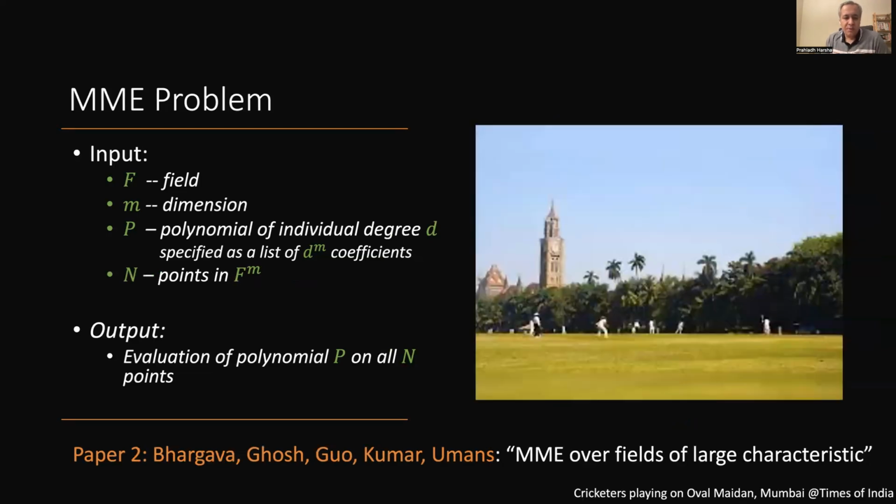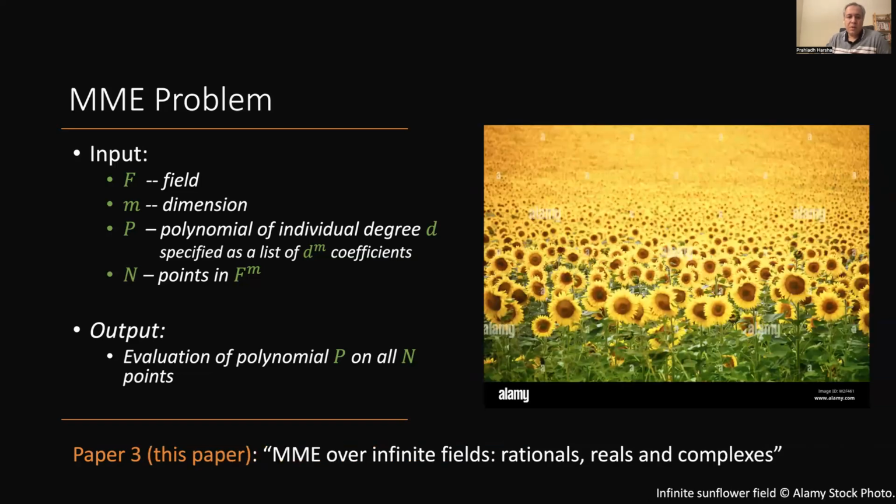The second paper in the series, by Vishwas Bhargava, Sumanto Ghosh, Zeyu Guo, Mrinal Kumar, and Chris Umans, builds on the first paper and solves it when the underlying field is finite and has large characteristic. In particular, these two papers together solve the MME problem completely for all finite fields. The third paper in the series, in particular this paper which I'm talking about, deals with the infinite fields, such as the rationals, reals, and complexes.